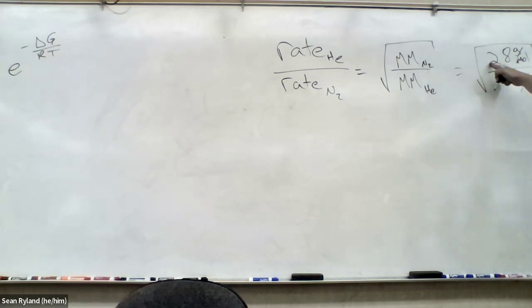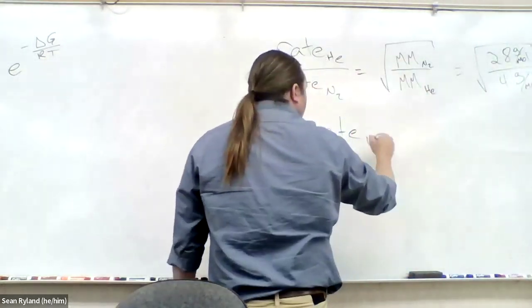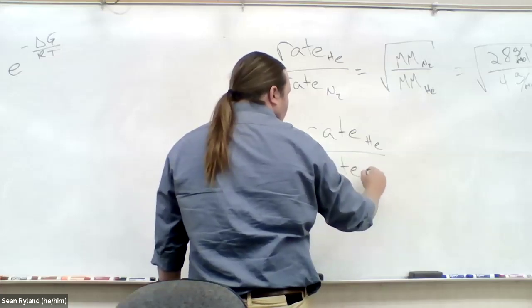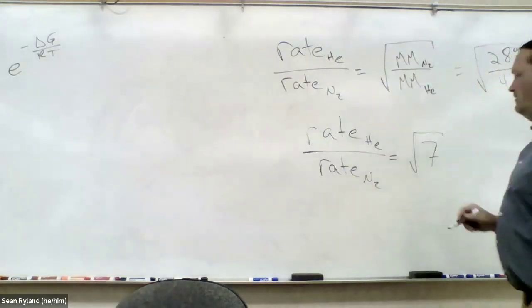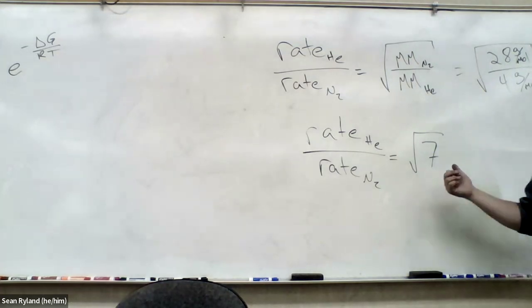Because that's a ratio of about 7, right? So the rate of helium compared to the rate of nitrogen is about the square root of 7, so about 2.5 times faster. So everything else being equal, helium will move through a membrane, will move through a room about 2.5 times faster.